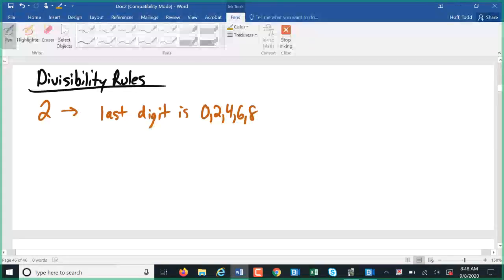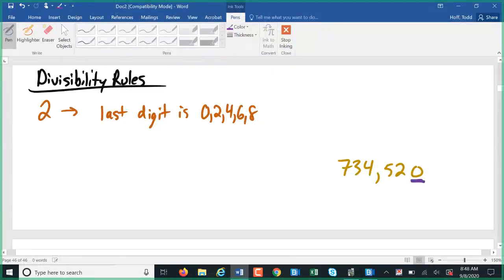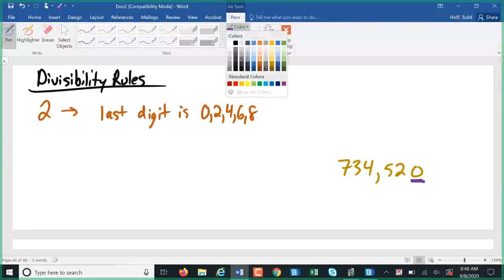So if I have the number 734,520, that ends in a 0, which means it's an even number. This is divisible by 2.